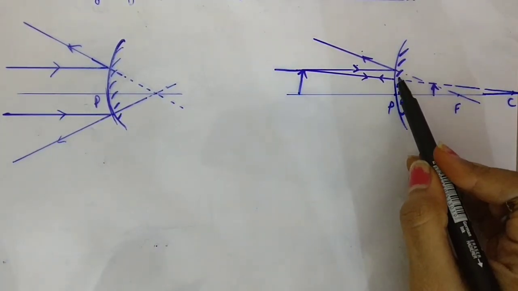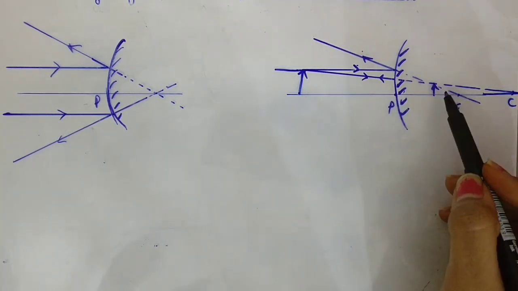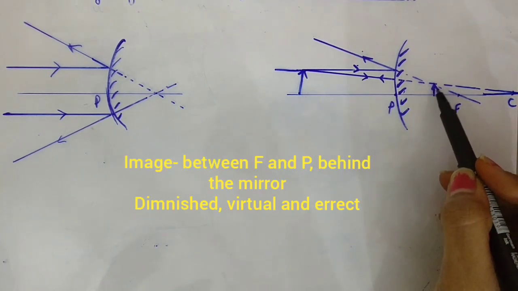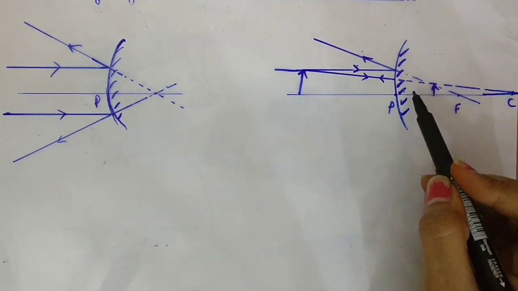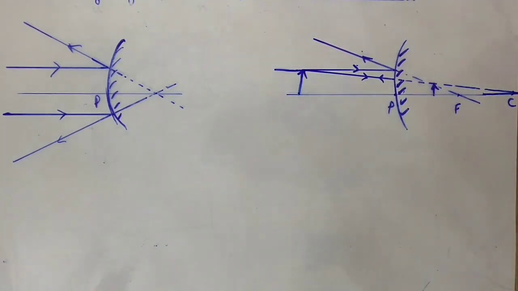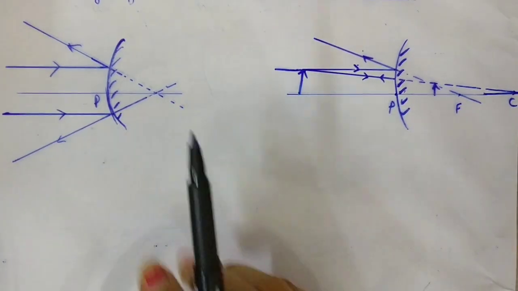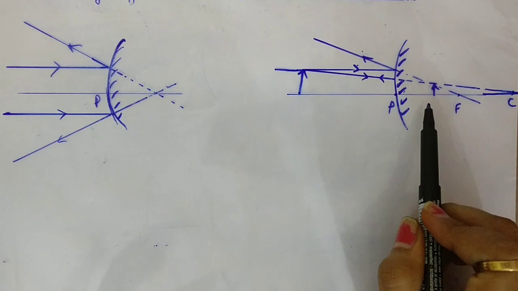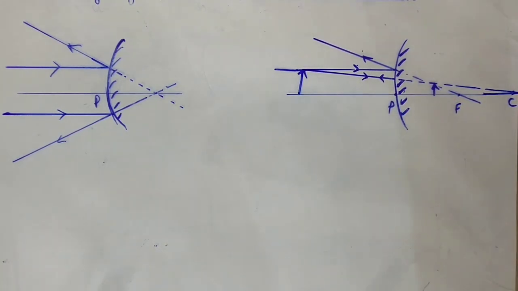So we are going to make the extended rays on the other side of the mirror, and the image formed will be virtual because we extended the rays. The rays are not actually meeting at a point. In the worst case, the image will be highly diminished, point size, very small. In this case also, the image will be small as compared to the object.